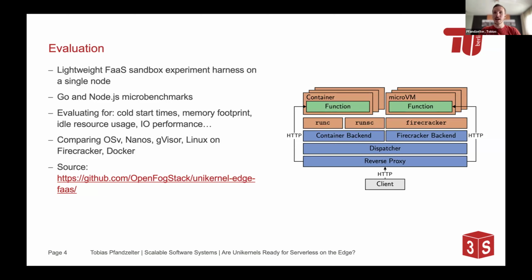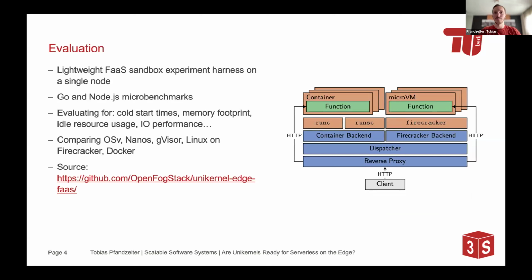We compared OSV and Nanos as Unikernels along with GeoFaaS and Firecracker micro VMs, and we used Docker as the standard execution environment. And everything is open source.